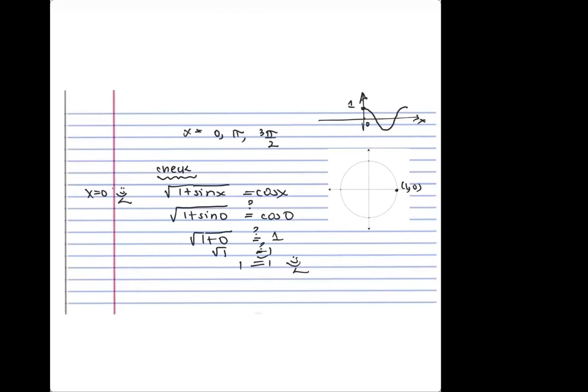Now we got to do x equal to pi. So you get the square root of 1 plus the sine of pi equal to the cosine of pi.